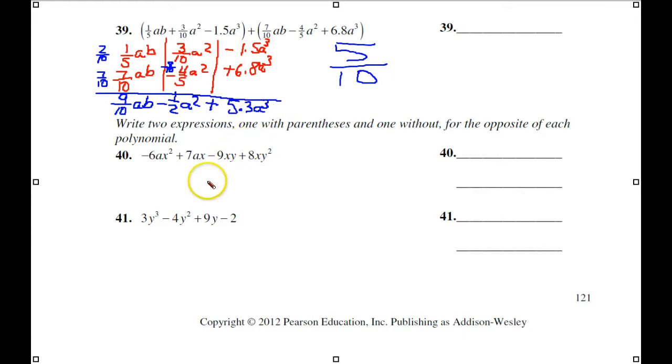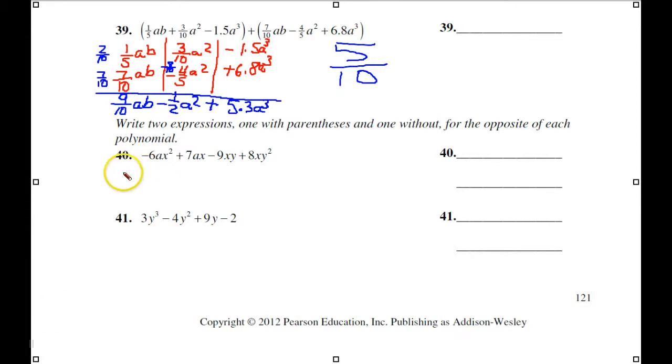Okay, going on to this next one, they're asking us to write two expressions, one in parentheses and one without, for the opposite of each. Well, basically what they want us to do here is to reverse all the signs.